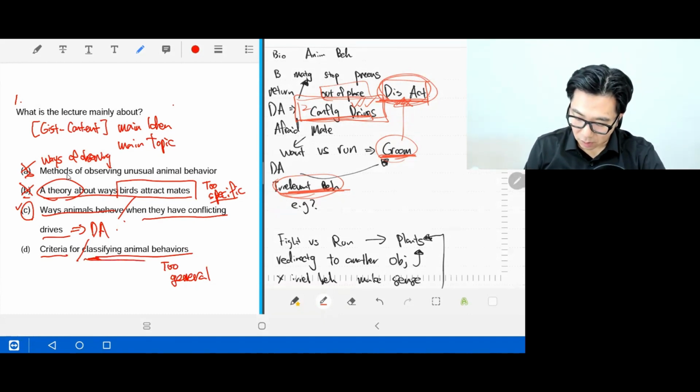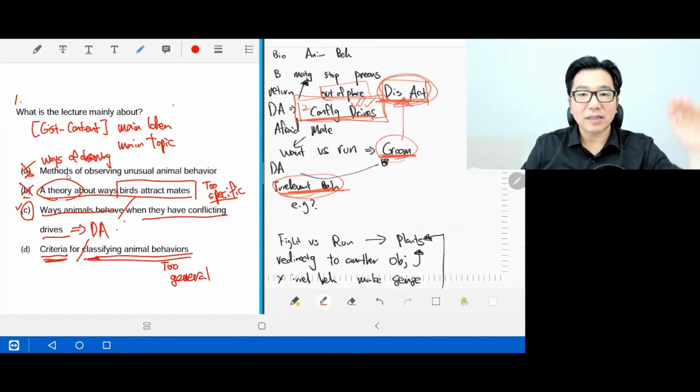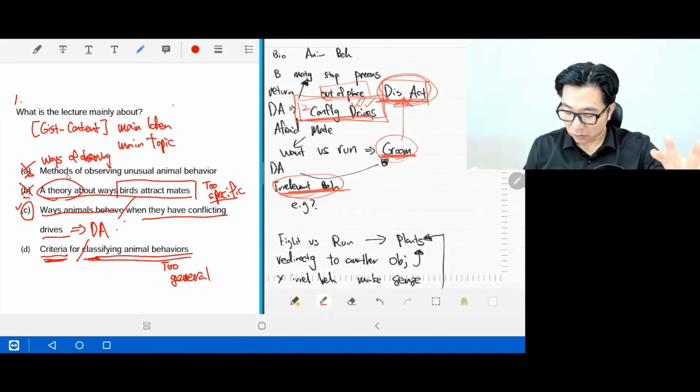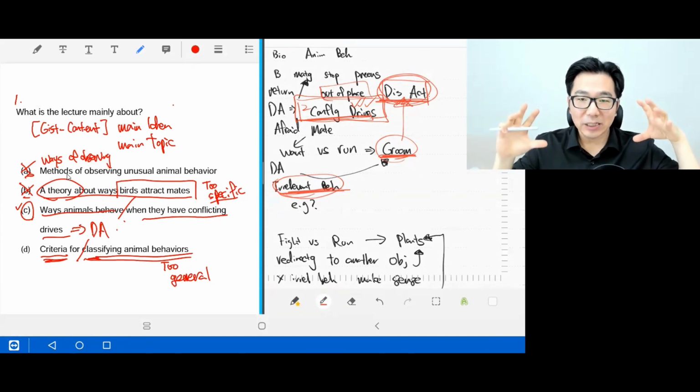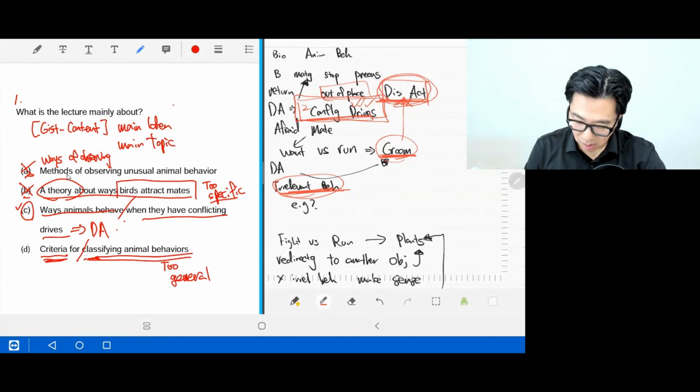We're not looking for different standards for dividing and classifying animal behaviors. We're talking about one type of animal behavior, which is displacement activities, right? So this is wrong, and also it's too general to be the answer for this question.